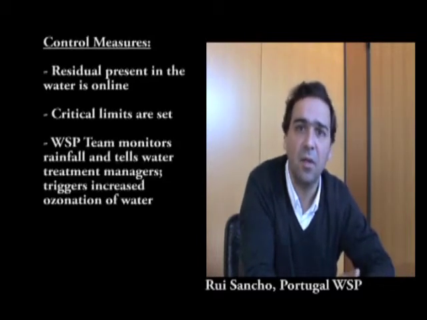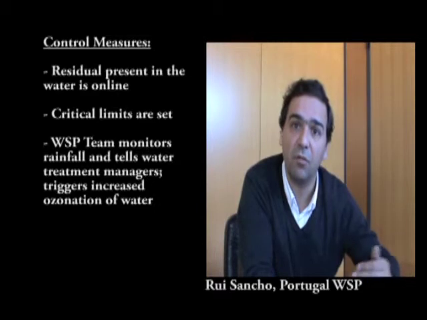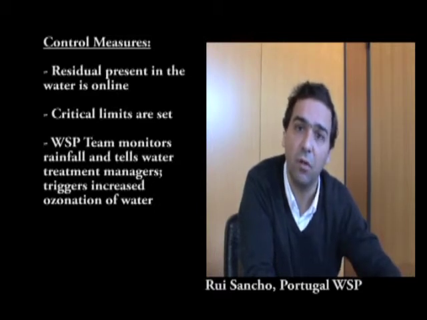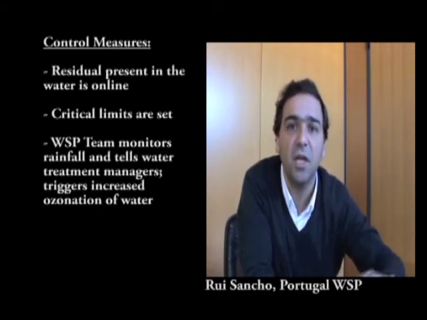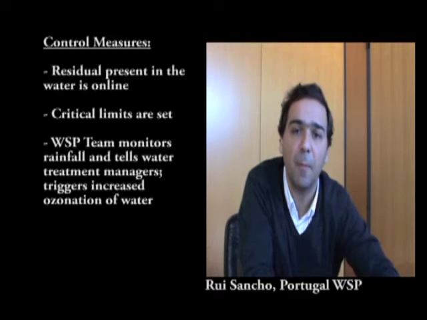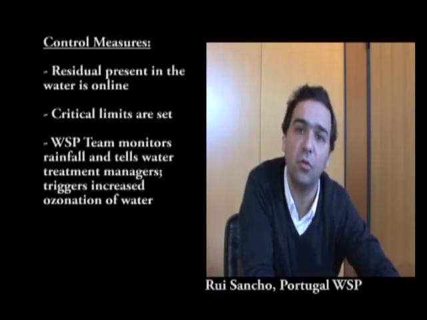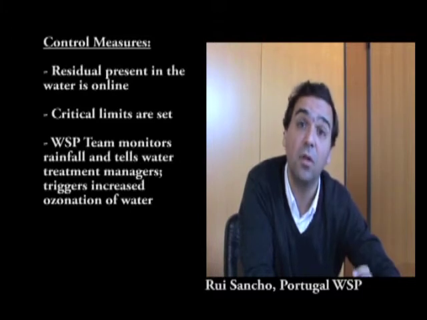The water safety plan team monitors the rainfall, especially after long dry periods, and after heavy rainfall the team communicates this to the water treatment plant managers, who optimize the ozonation treatment step in order to increase the possibility of removing this type of virus.